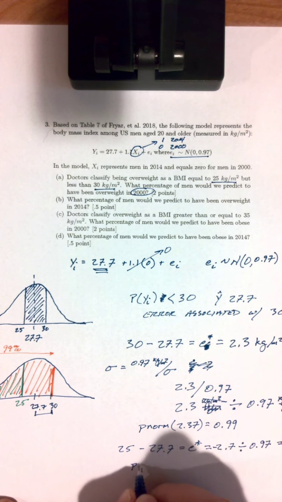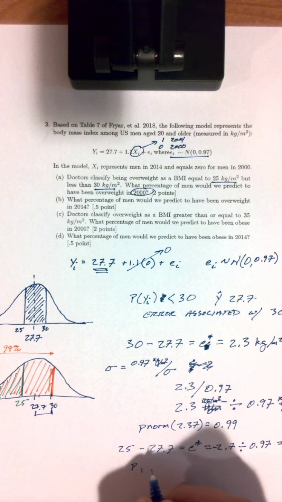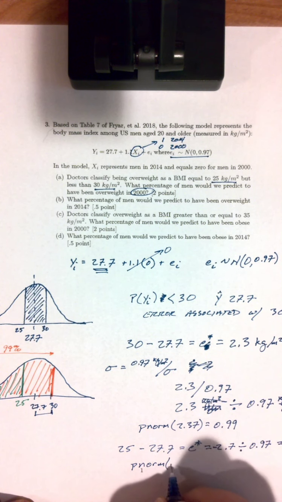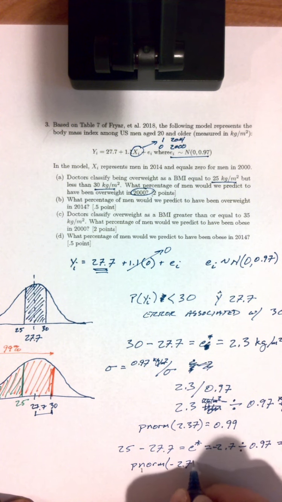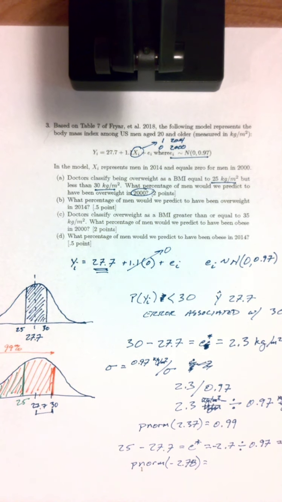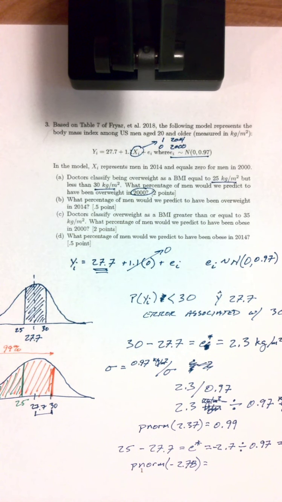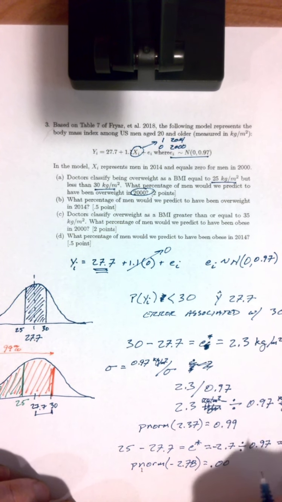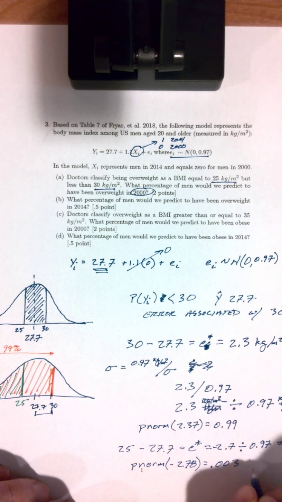We figure out the probability of that. The probability from pnorm is 0.003, or 0.3%.